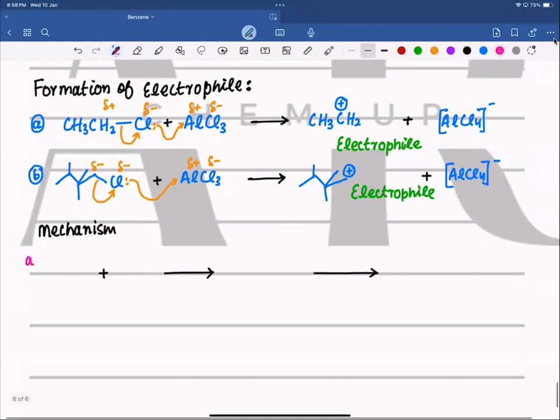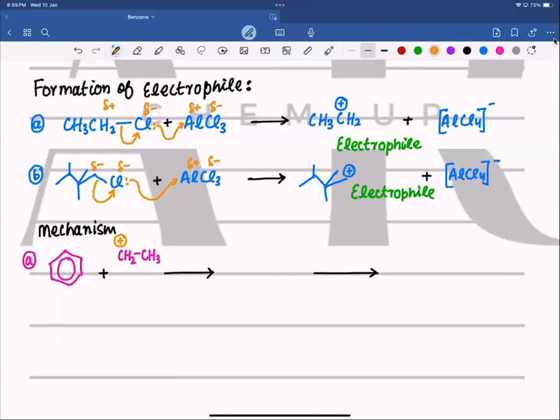So we have a benzene ring, and the electrophile formed is CH3CH2, where that CH2 carbon, bonded with two hydrogens, has a positive charge. So that face of the electrophile, the alkyl carbocation, faces the benzene ring due to the high negative charge density of the benzene ring. This positive side of the electrophile is attracted towards the benzene ring.